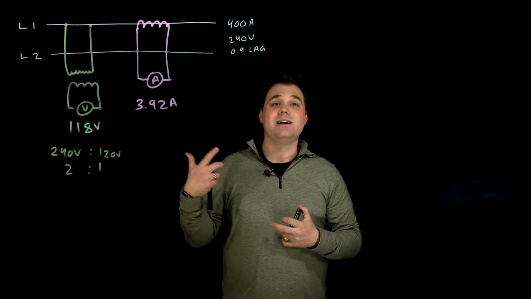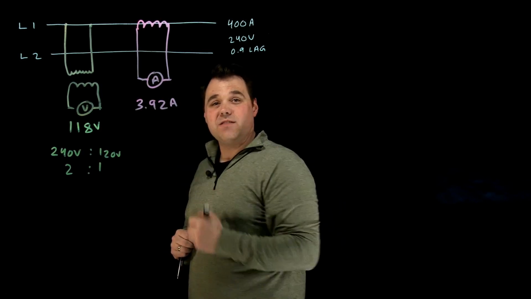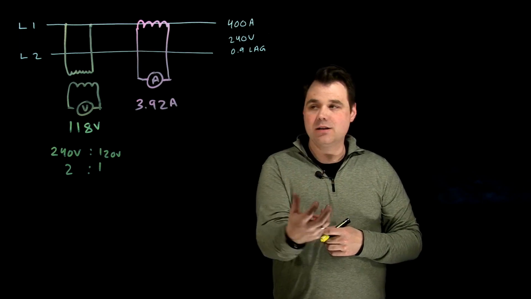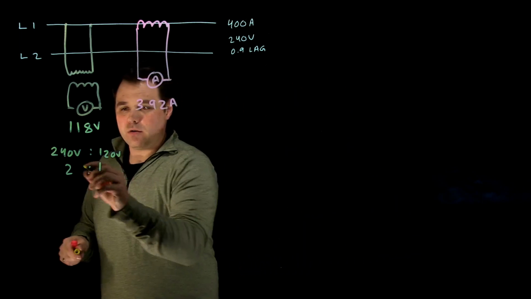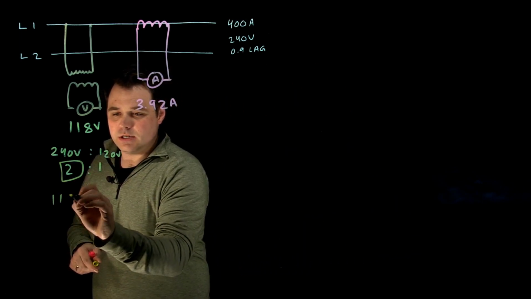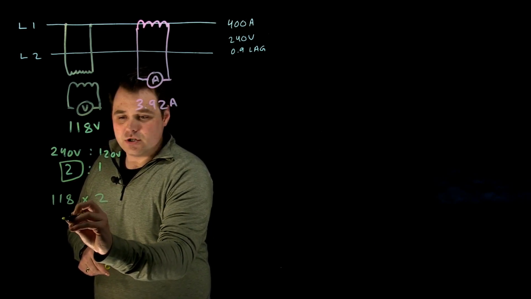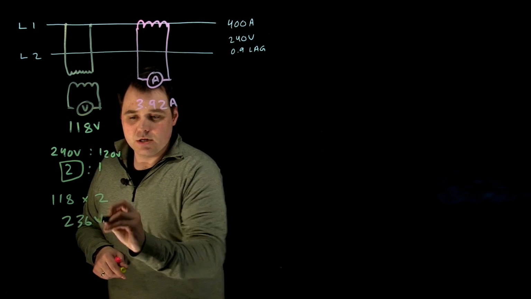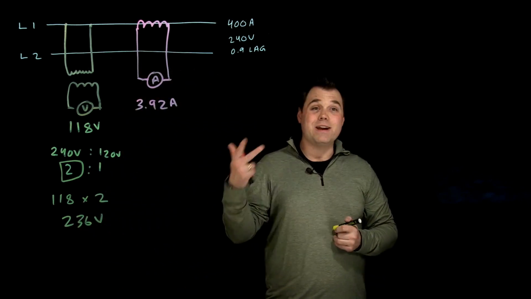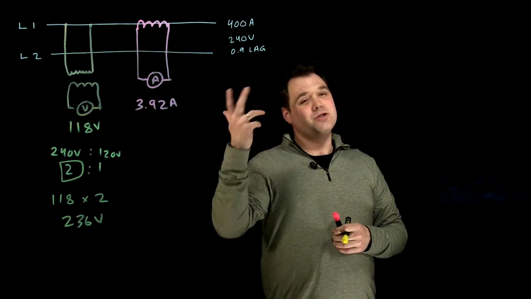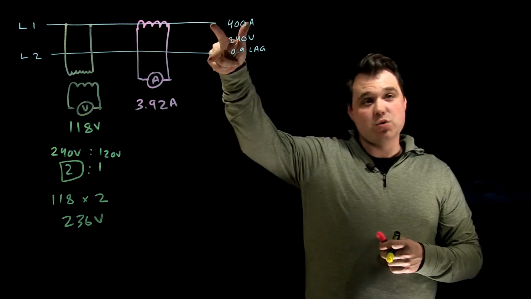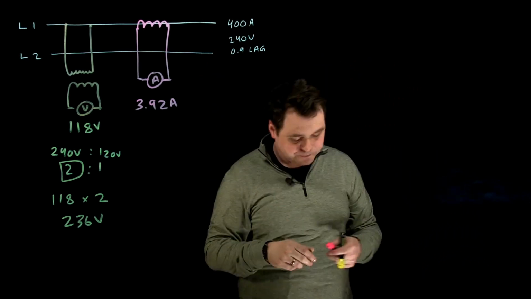So in this case, I would take my 118 volts that I'm actually reading, multiply it by my ratio. So I go 118 times 2, which means that I actually have 236 volts. That would be the actual source voltage at this point.